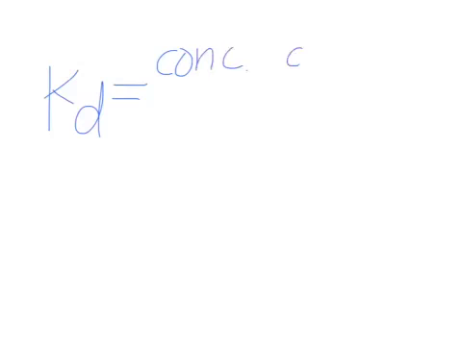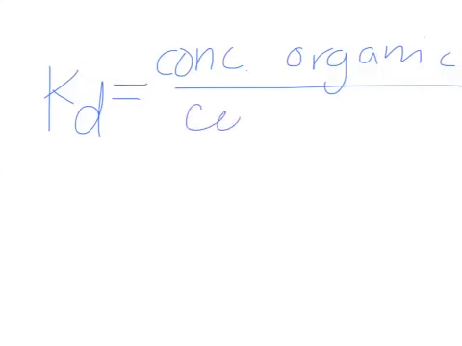So what is KD? KD is the distribution constant. And what is the expression for that? KD equals the concentration of the organic layer over the concentration of the aqueous layer. Okay, and do you know its usefulness? Well, I know it helps us determine if the reaction will favor the products over the reactants. But what do you know about the KD? I know that it's a ratio.